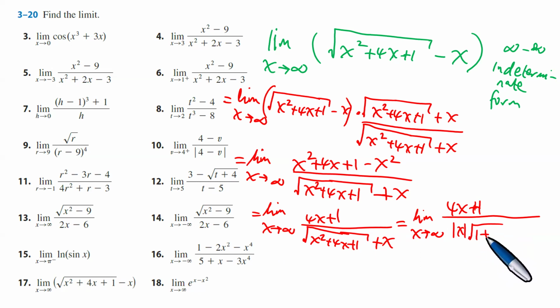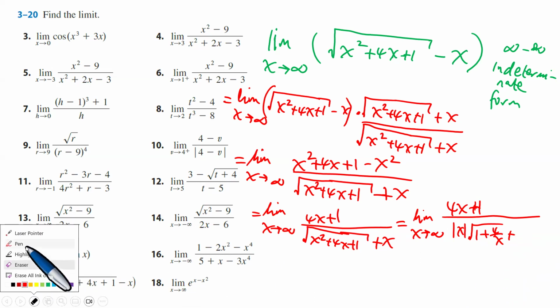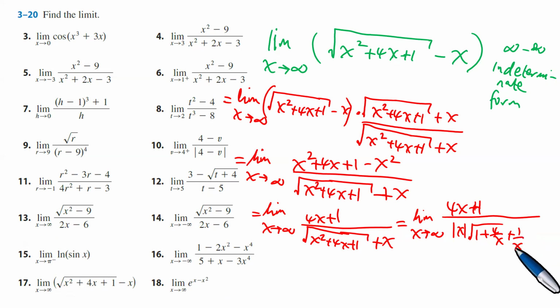And this becomes 1 plus 4 over x plus 1 out of x squared, like this. Okay, so this is exactly plus x. So in the end, what we're then having here is the limit as x approaches infinity.